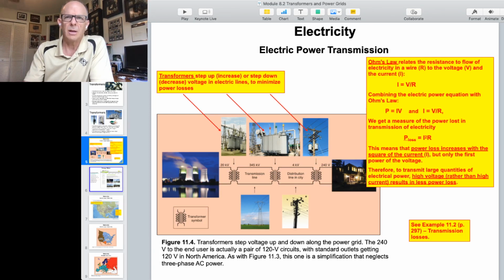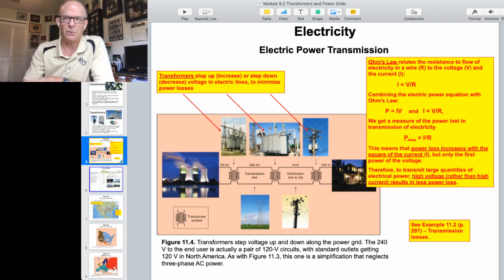So the electrical generating power plants will produce typically a high voltage electrical potential. A transformer increases that voltage for the long distance power lines that carry that electrical energy across the countryside, and shown here it's 345 kilovolts.